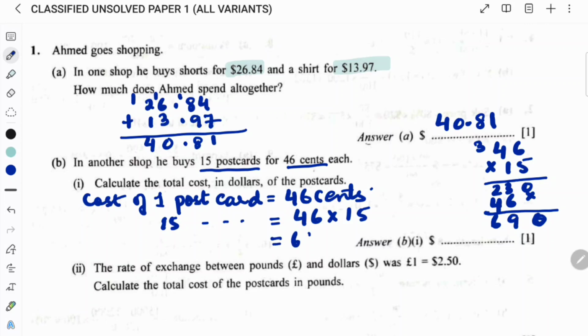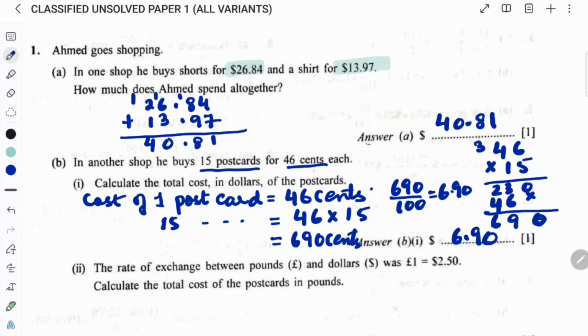So this is 690 cents, and in dollars 690 divided by 100 is equal to $6.90. So that is $6.90.